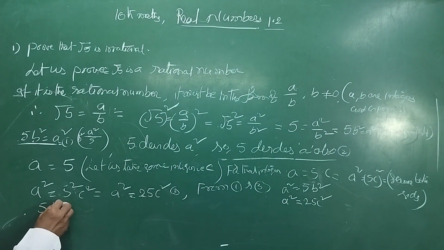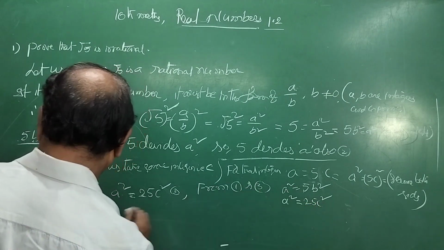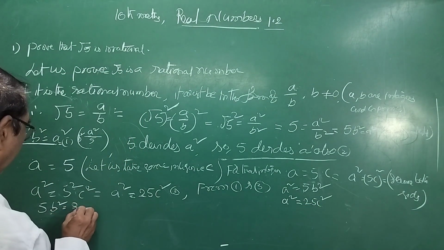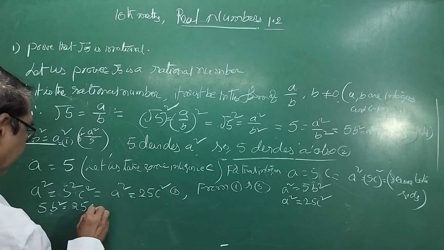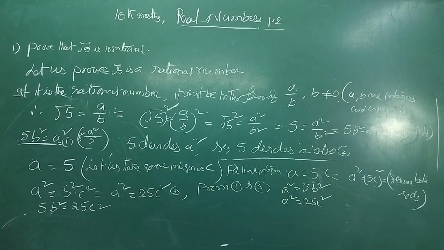5b square is equal to 25c square. You see, here we have to see 5b square is equal to 25c square. Here, let us take off 5 in both.